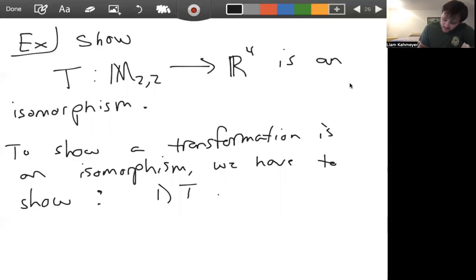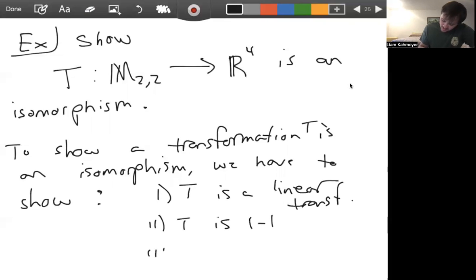We have to show that T is a linear transformation. We have to show that it's injective, T is 1-to-1, and we have to show that T is surjective. If we can show all three of these things, then we've proven that the given map is an isomorphism.